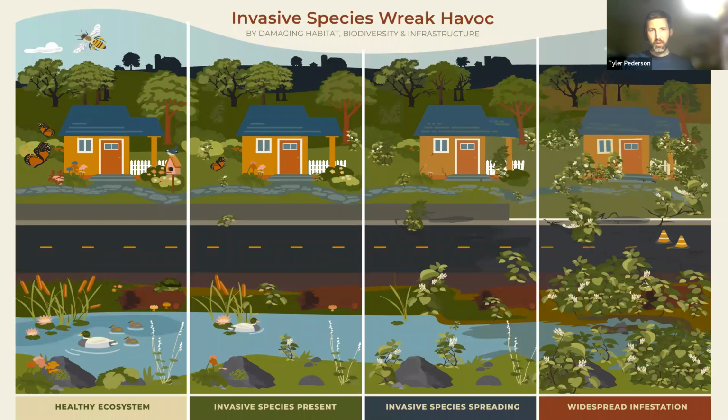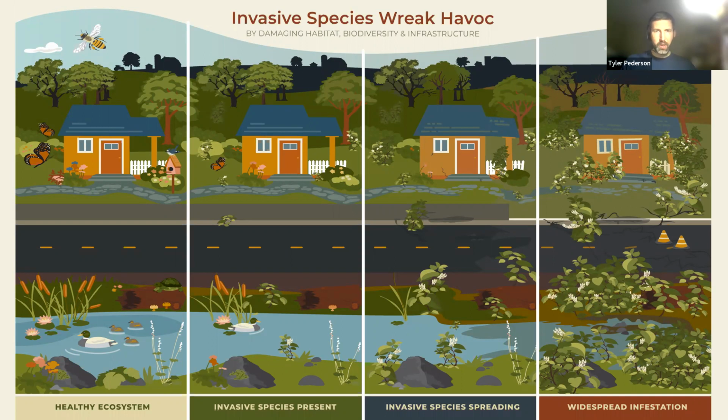And this is a great infographic that shows how invasive plants can damage habitat, biodiversity, and infrastructure. You can see at the far left that is a healthy ecosystem.